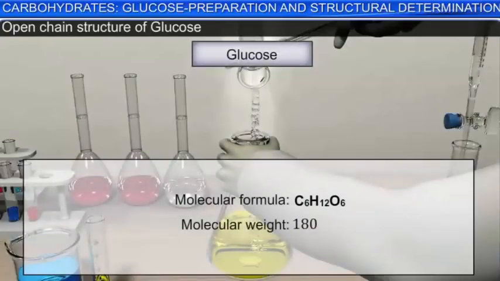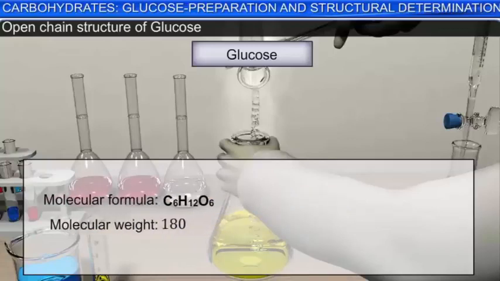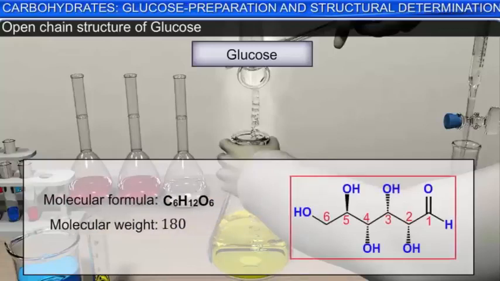Glucose is known to have the molecular formula C6H12O6, as shown by elemental analysis and molecular weight determination. The next step is to figure out its molecular structure and absolute stereochemistry, which were very challenging tasks.